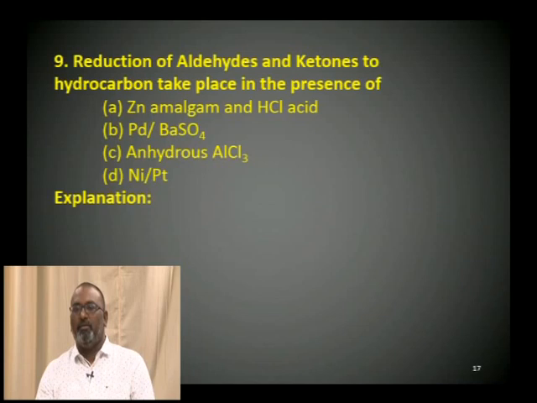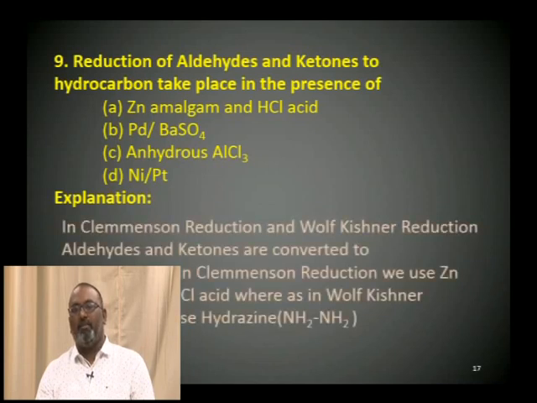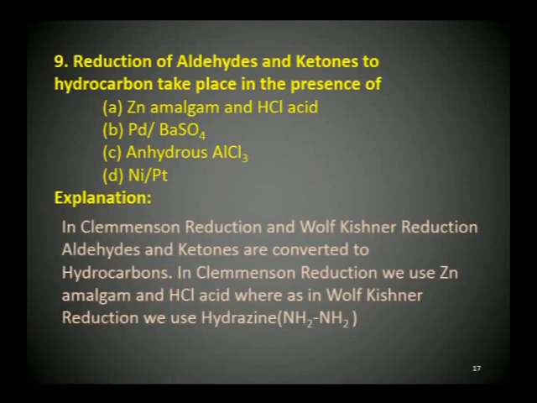Here, if you can see the reactions what we had learnt regarding aldehydes and ketones. Aldehydes and ketones can be reduced to hydrocarbons in two different ways. Number 1, it is Clemmensen reduction, where we use zinc amalgam and hydrochloric acid.